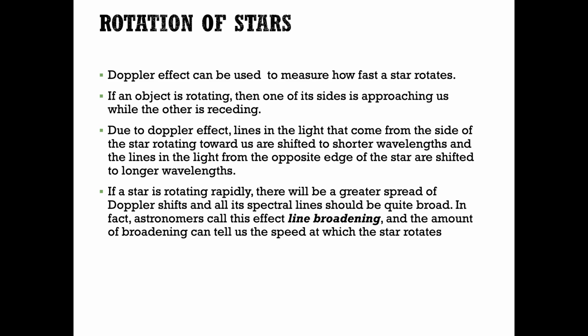Because of that, the side that rotates towards you will be shifted to shorter wavelengths, and the lines on the opposite edge, which is moving away from you, will be shifted to longer wavelengths. Now, if a particular star is rotating very rapidly, there will be a great spread of these two Doppler shifts, because one side is quickly approaching you and the other side is moving quickly away from you.